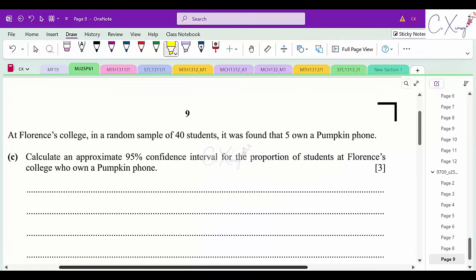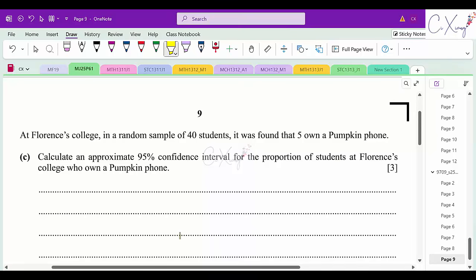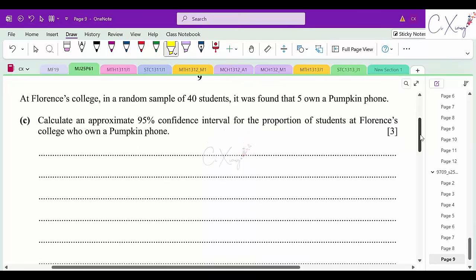Okay, for part C, now at Florence College, there's a random sample of 40 students, and it was found that 5 own a pumpkin phone. They want us to calculate a 95% confidence interval for the proportion. Again, let us start by writing out the general formula for the confidence interval of a population proportion.